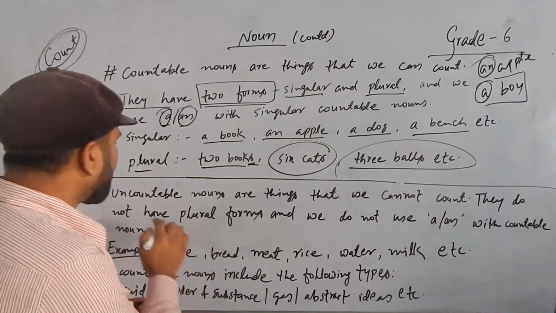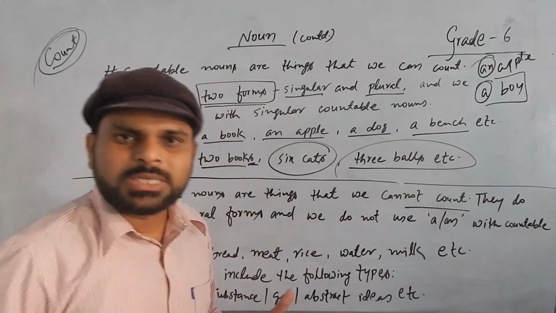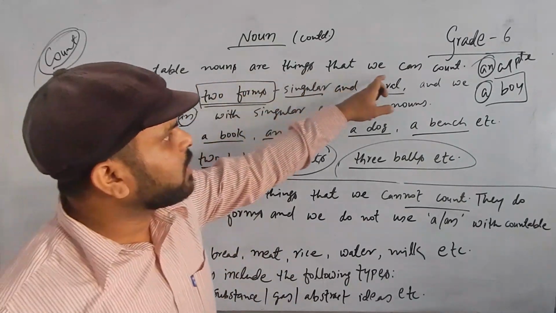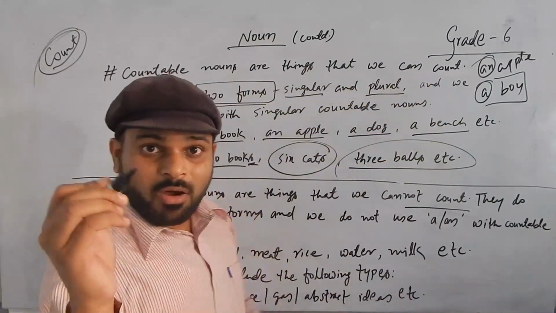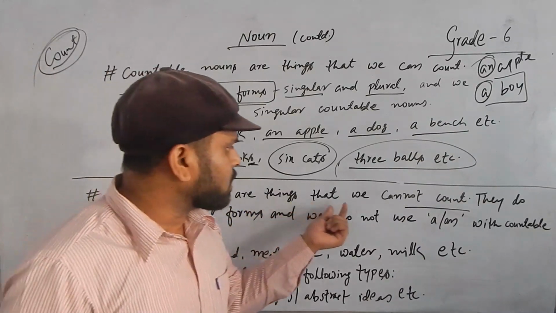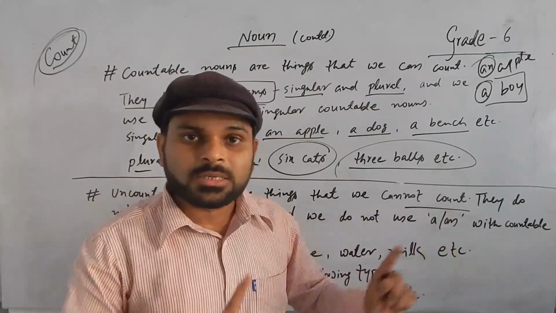So, uncountable nouns are the things that we cannot count. Very simple. Countable nouns are the things we can count. On the contrary, uncountable nouns are the things that we cannot count.